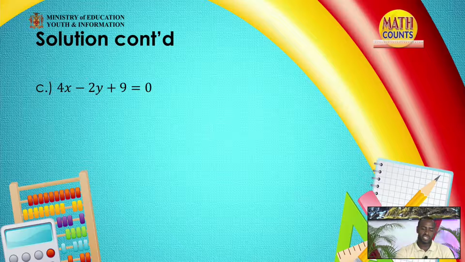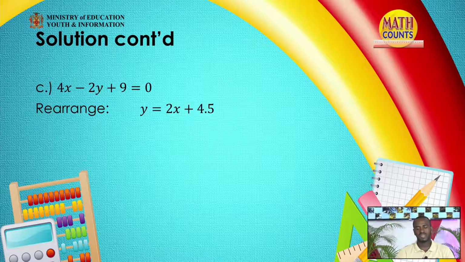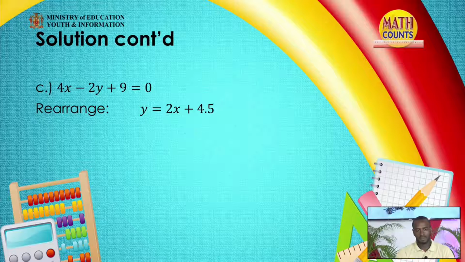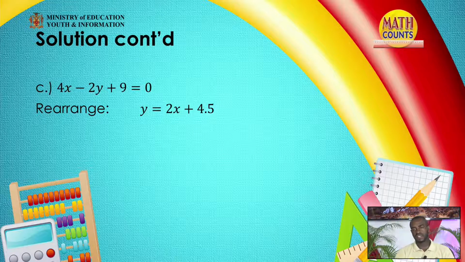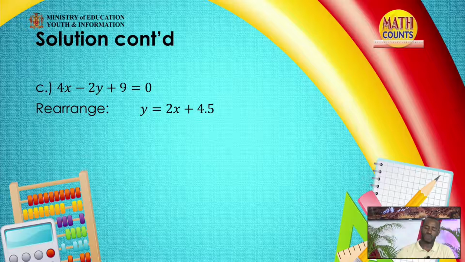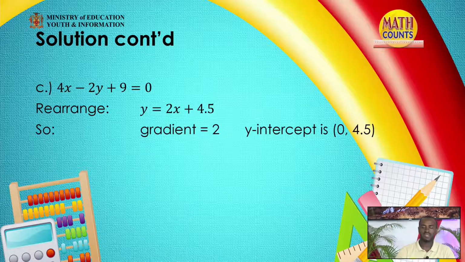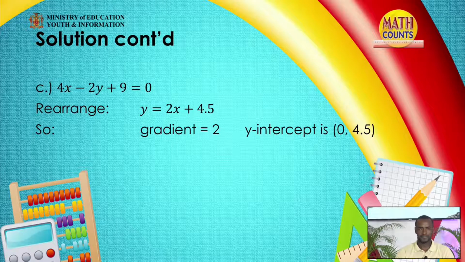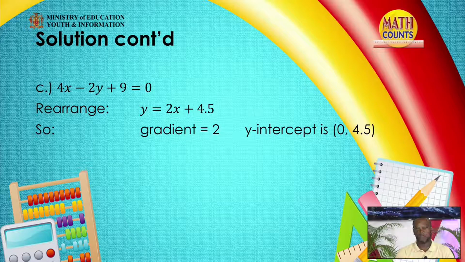When you rearrange this equation, you will get y is equal to 2x plus 4.5. Very good. And you have seen here that your gradient is 2 and your y-intercept point is (0, 4.5). So here you have accomplished your objective.